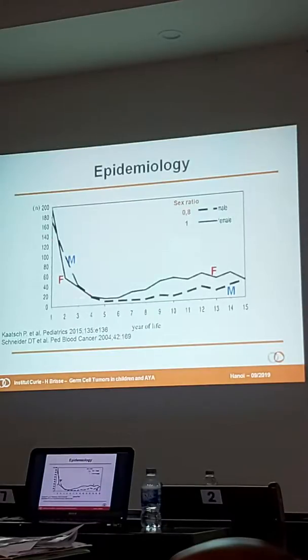From an epidemiological point of view, these tumors are mainly observed either in early childhood, and sometimes even at birth, or even sometimes in the prenatal period. Then the incidence decreases, and you have a new increase during adolescence. So it affects both males and females with a slightly higher ratio for females.